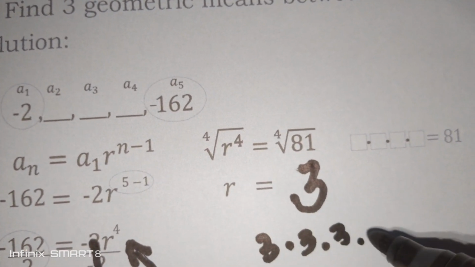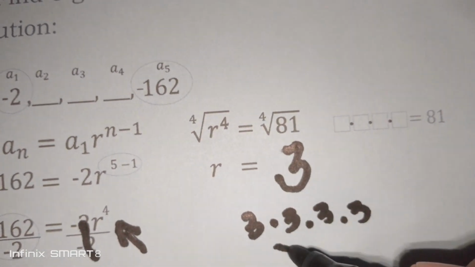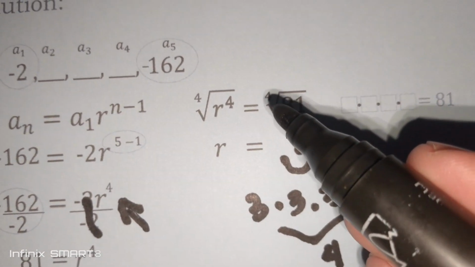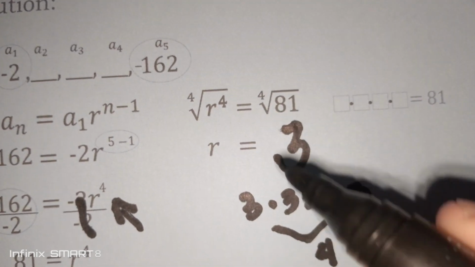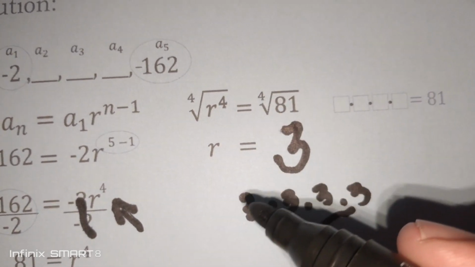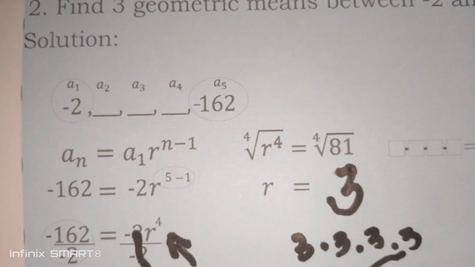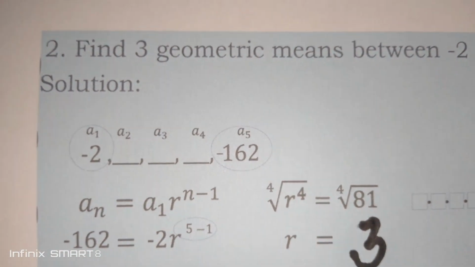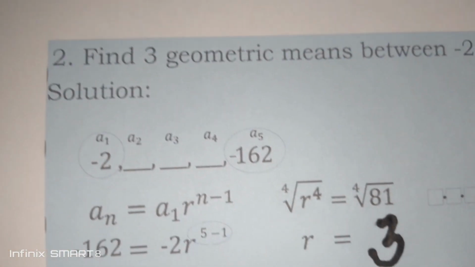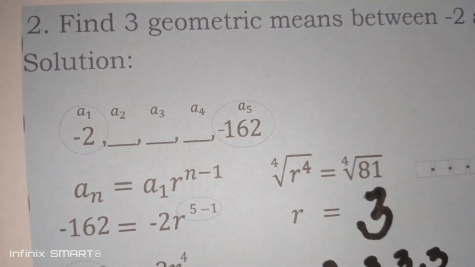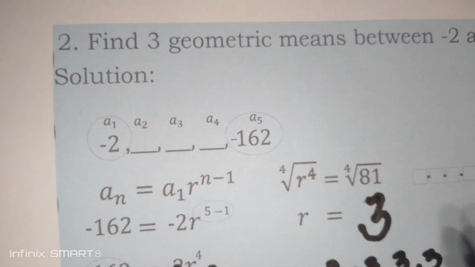And to have the value of the missing terms, the means, so the A2, the A3, and the A4, we can check for it. So what if the r is 3?